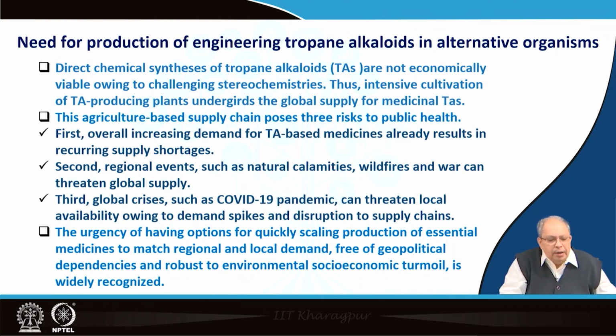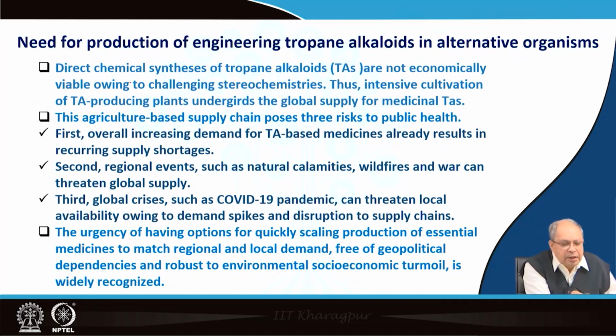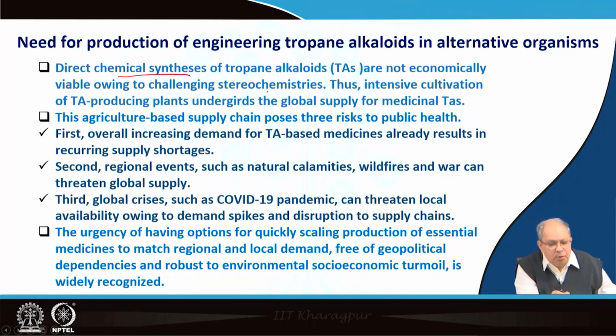Okay. And one cannot depend on chemical synthesis, because there is a very complex stereochemistry involved in it. So, therefore, intensive cultivation is required, and that is basically the backbone for supplying the alkaloids to the pharmaceutical industry.